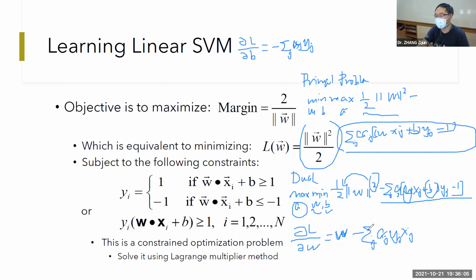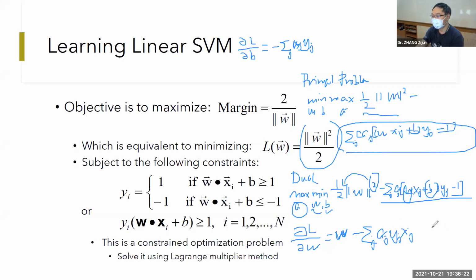Then we focus on the minimization. After taking the derivative, what should we do? Yeah, set it to 0.